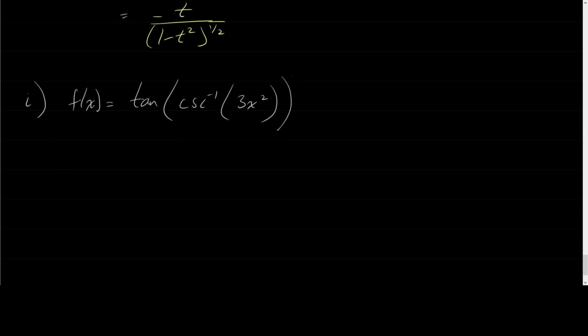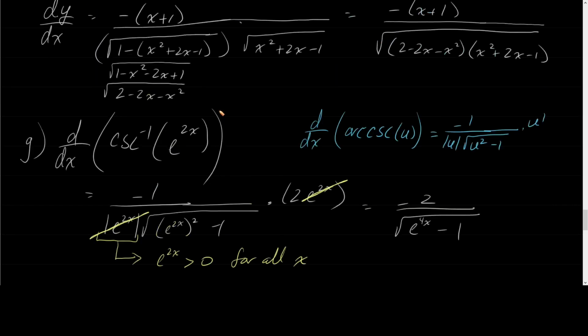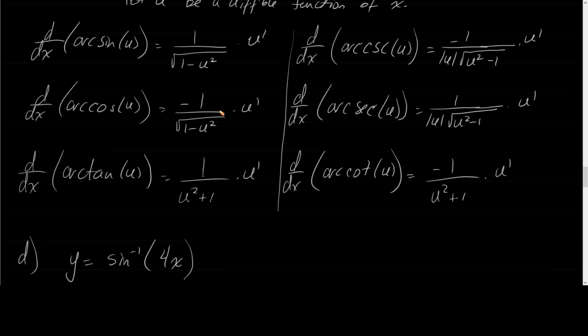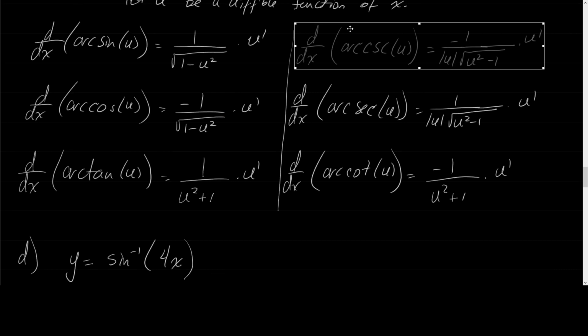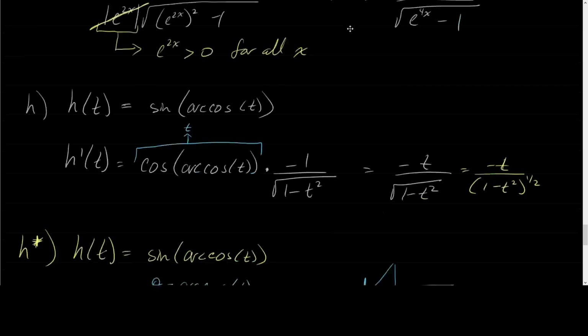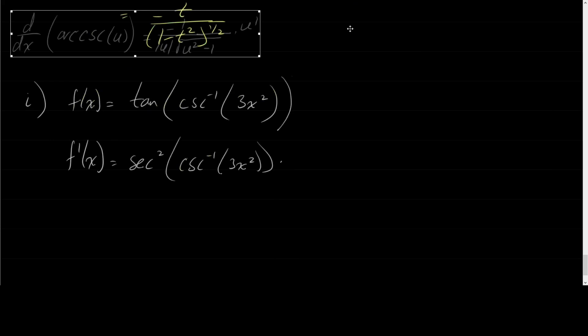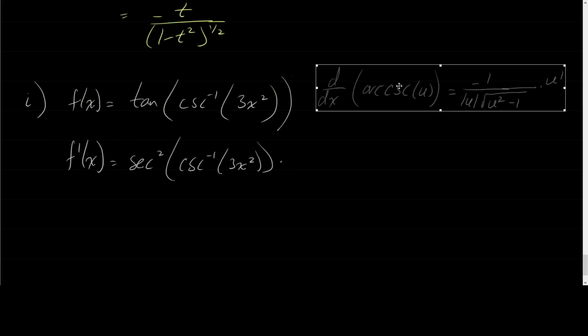All right, so in here the derivative, well, I have f prime of x is going to be the derivative of tangent, which is secant squared, and then we have here cosecant inverse of 3x squared times the derivative of the inside. The derivative of cosecant inverse, well, let's see what it was. There it is, -1. I'm looking at this over here, so I'm going to go ahead and copy and paste that and put it right here, and I'll put it in blue.